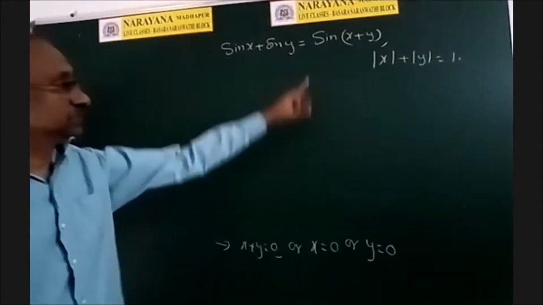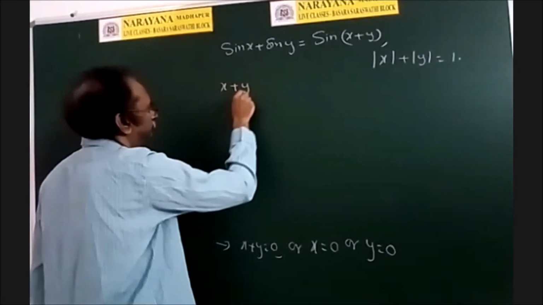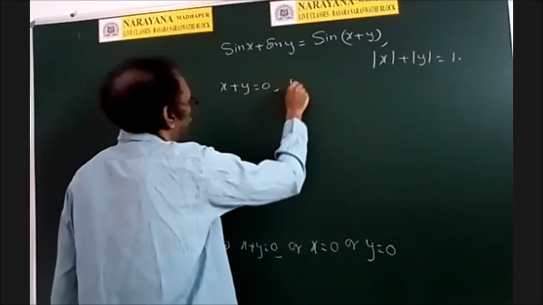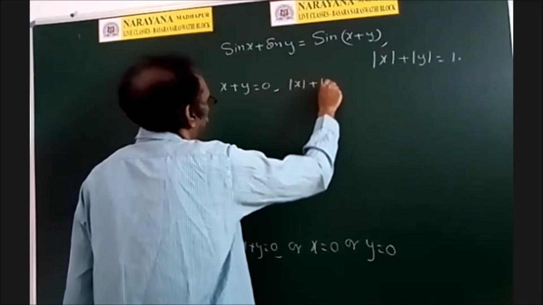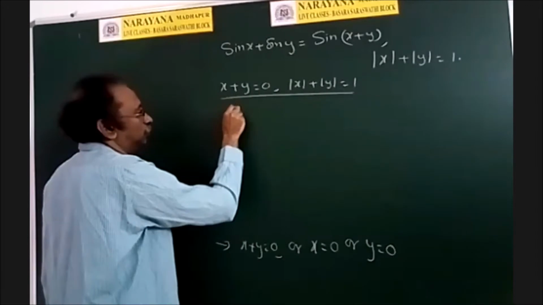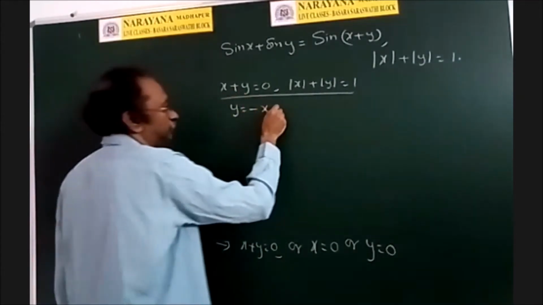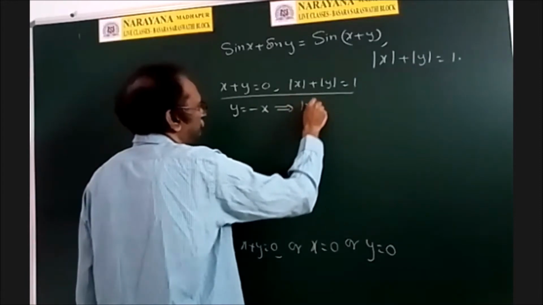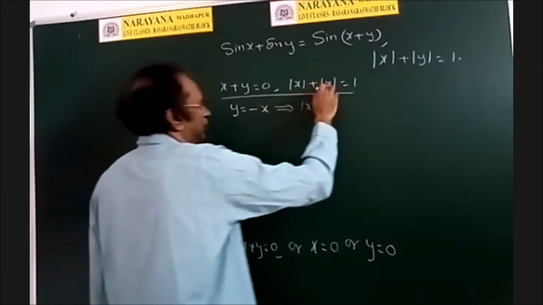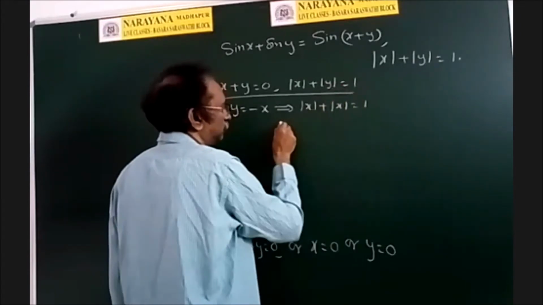Now combining this and that. Now x plus y is equal to 0, mod x plus mod y is equal to 1. Now y is equal to minus x. That implies mod x plus, in place of y write minus x, again mod x is equal to 1.